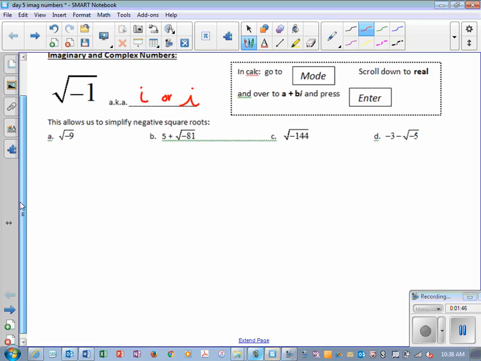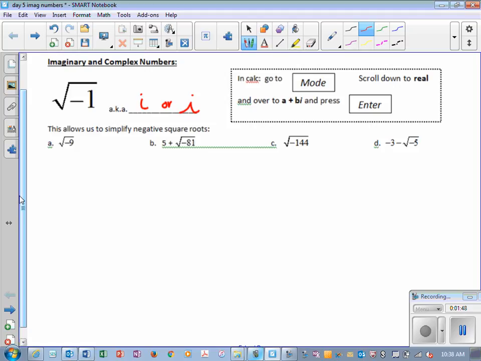So, doing that lets us simplify negative square roots, okay? So, A says square root of -9. Square root of -9 means you have square root of 9 times square root of -1, right? Because inside you have 9 times -1, that gives you -9.